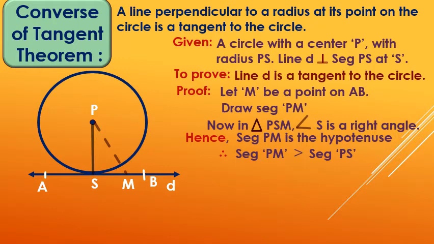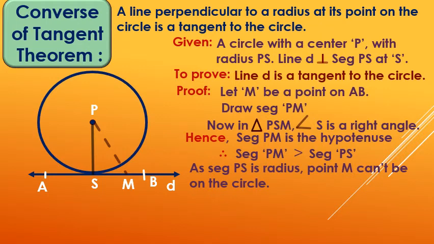You know that according to Pythagoras, how we do? Hypotenuse square is equal to side 1 square plus side 2 square. Means hypotenuse is larger than both the sides. As segment PS is radius, point M can't be on the circle. See here, this is greater and PS is smaller.